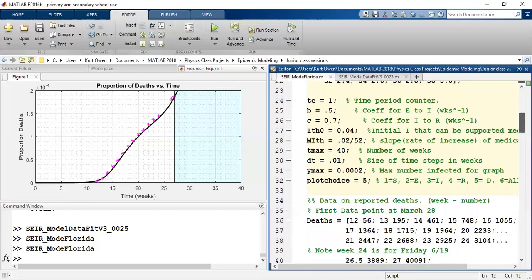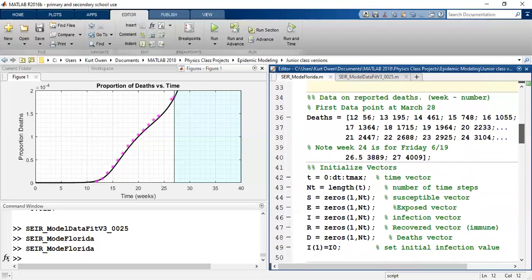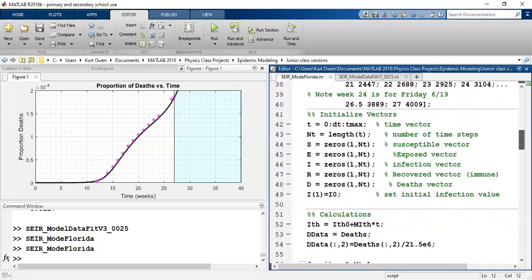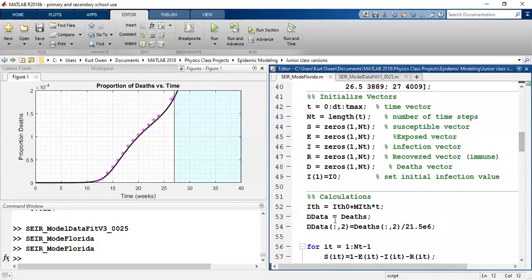Oh, and one other thing that does need to be changed is if you go down to the DD data, we want to look at the deaths as a fraction of the population. So for Florida, it's important that I made the population 21.5 million. New Jersey is really 8.8 million, so close to 9 million.